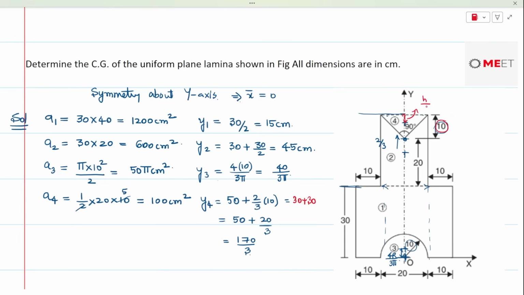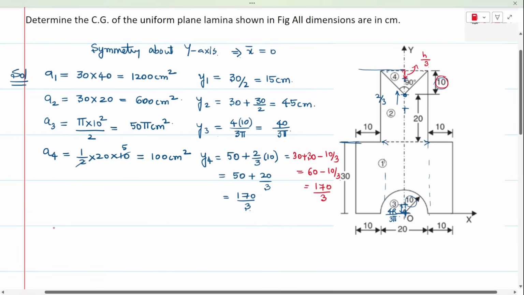So 30 plus 30 minus 10 by 3, which is 60 minus 10 by 3. So this is going to be once again 170 by 3. So with either way you get the same answer.